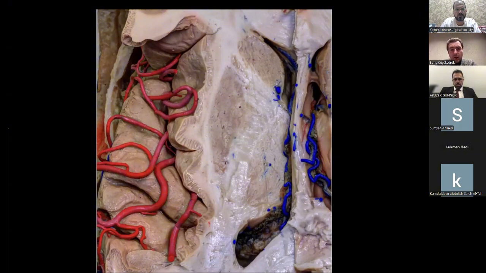So now, somehow I don't have any pointer to show, and I don't know how to put one. Let me try again once more. I think you don't see any pointer on the screen.